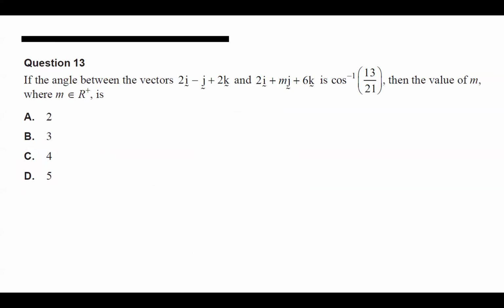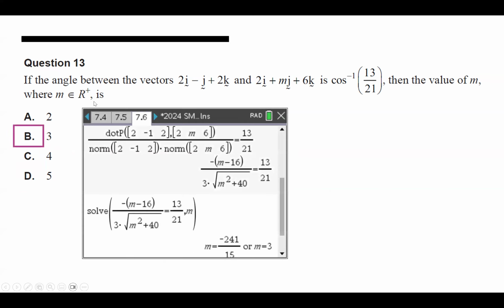Question 13 is a very usual vector dot product question. So we don't know this m, but we do have two vectors, and we know the angle between them. By the way, this is an acute angle, and we need to get m greater than 0, or R plus. What you need to do is use a dot product between two vectors divided by the product of two magnitudes, using the norm.